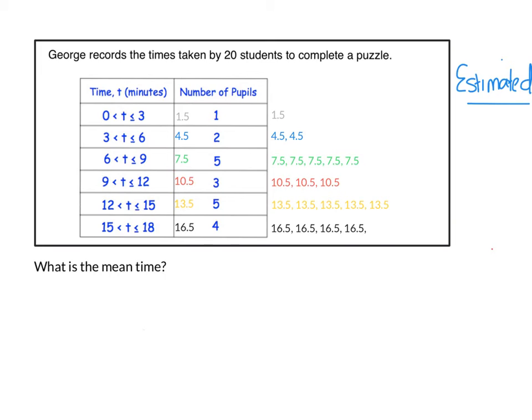Okay, so if I was finding the mean normally, just from this set of data, what I would be doing would be adding them all together and dividing by how many there are. Let's just put them all in a row for a second.